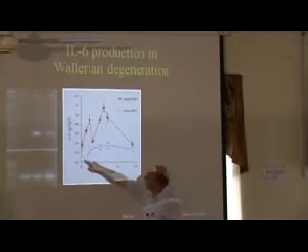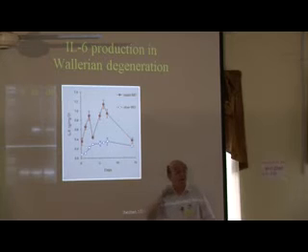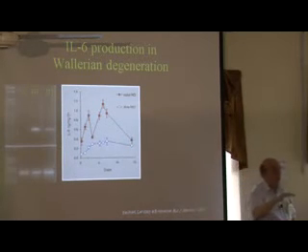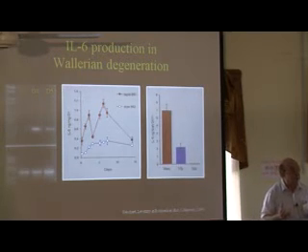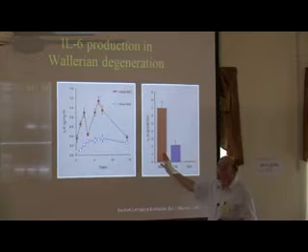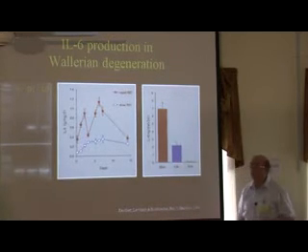Now, here we have in slow Wallerian degeneration, again, some IL-6 is being produced, but at substantially lower levels. We then ask the question, which are the cells that produce IL-6? We find that macrophages produce IL-6, fibroblasts produce IL-6, Schwann cells no.